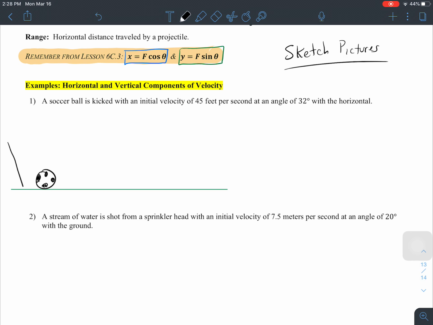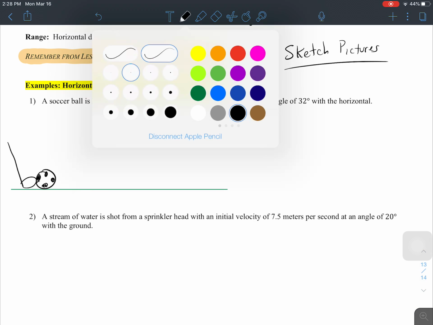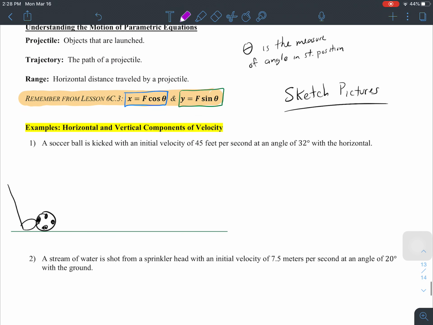So here's the foot kicking the soccer ball, and this is the path it's going to take. The trajectory is it's going to be kicked at 45 feet per second at 32 degrees with the horizontal.